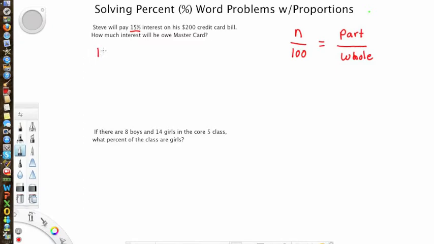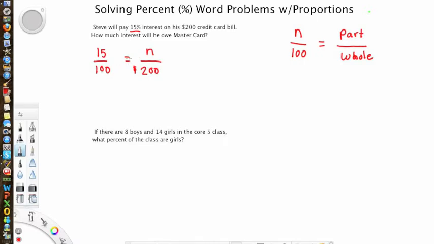We know that we have 15%, 15 out of 100, 15% of his credit card bill. His total bill is $200. We want to find out what 15% of it is, so that's our unknown part. I'm just using n as my variable. Here we have our proportion, and we need to solve it.